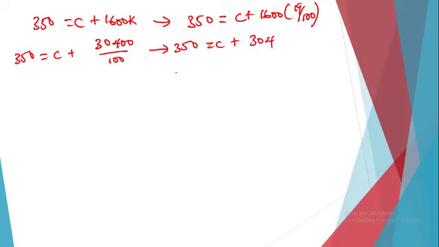Then we collect like terms. C will be equal to 350 minus 304, and that will give us 46. So C is equal to 46.